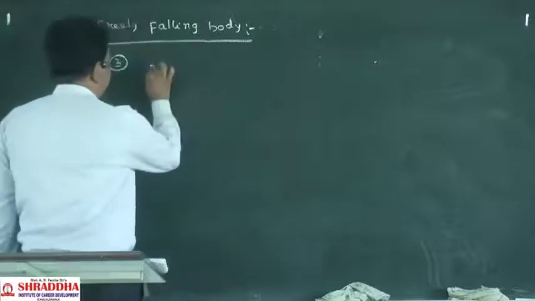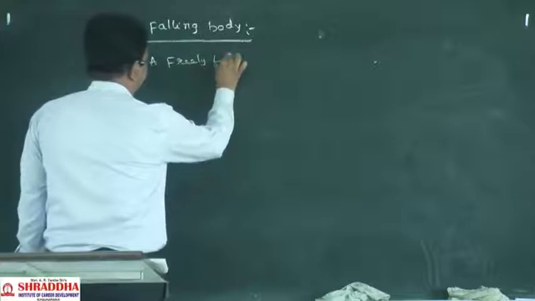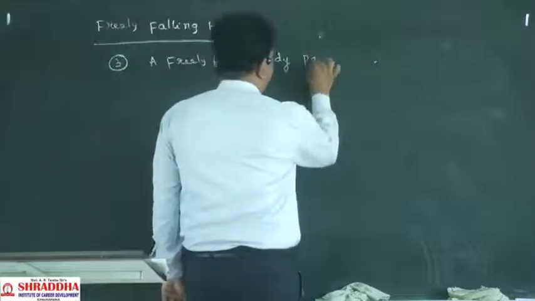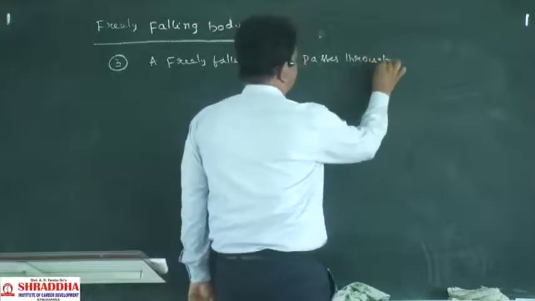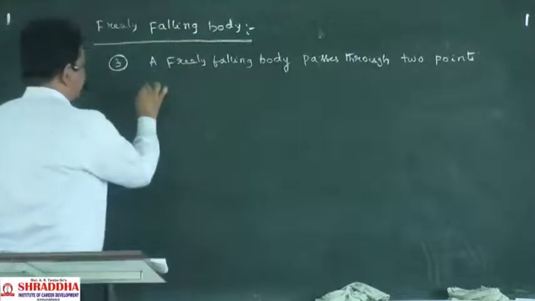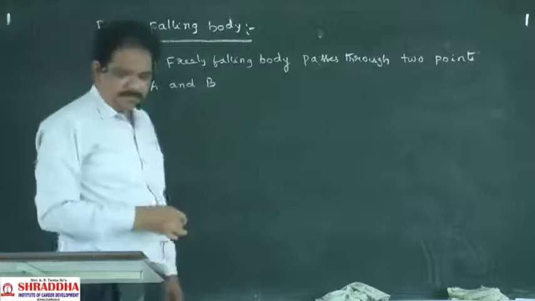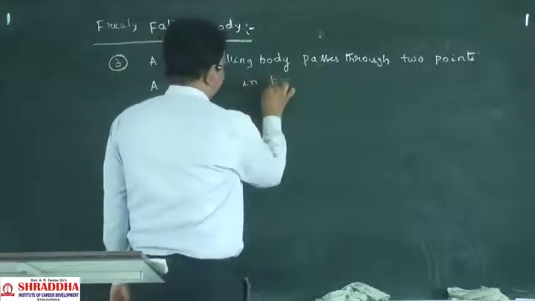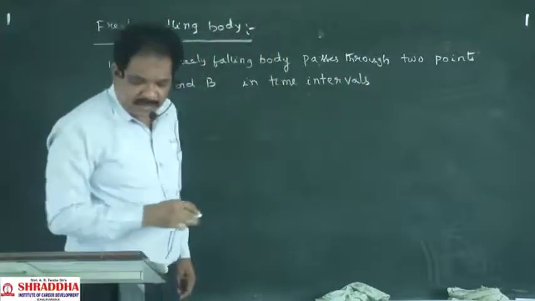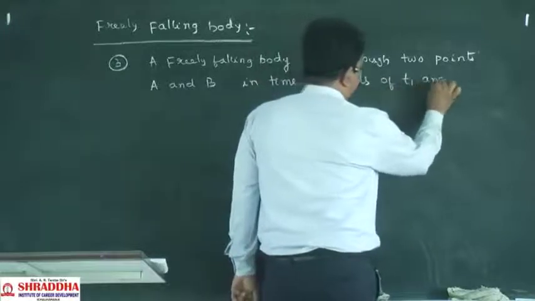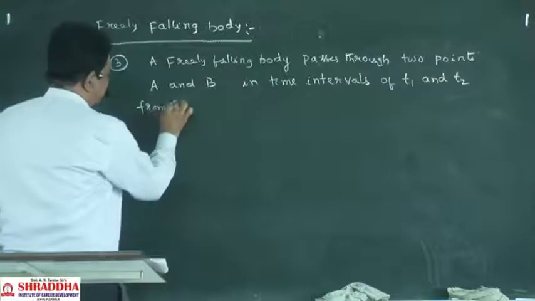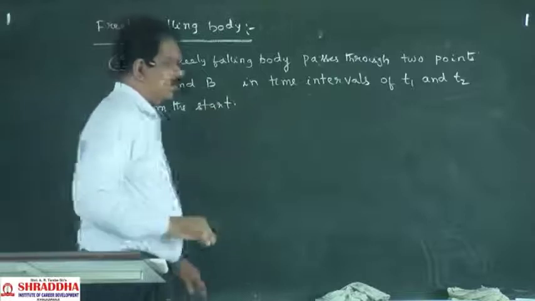Next, a freely falling body passes through 2 points A and B in time intervals T1 and T2 from the start.